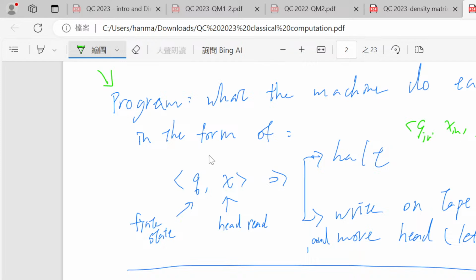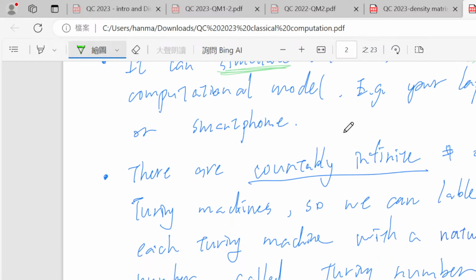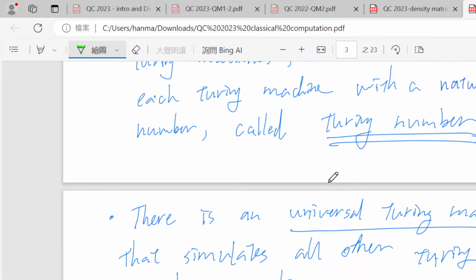So the program can be written as those sets, but as you see, all those things are describable by natural numbers. So really the number of Turing machines is countable, although there are infinite number of them. And so if we count them, we can label them and call it a Turing number. That's pretty cool.